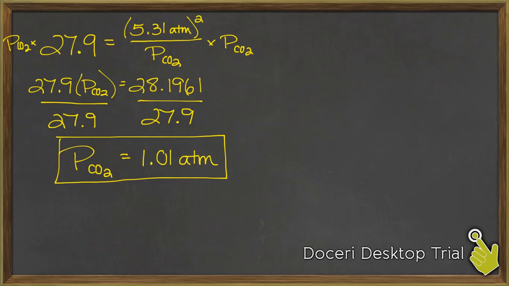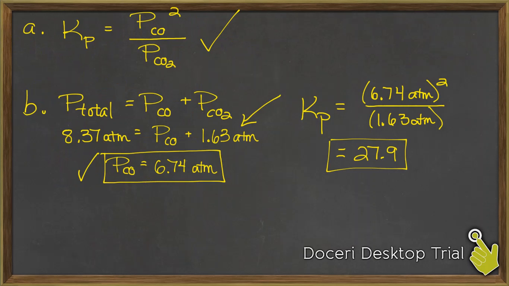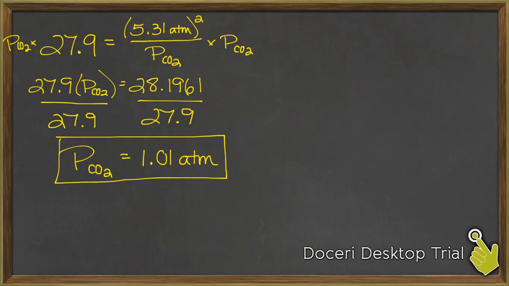Okay, so we used data that was given to us to find the value of the equilibrium constant, and then we used that number to calculate one of our partial pressures. The reason I could use that same Kp value again was because they told us that we were at the same temperature.